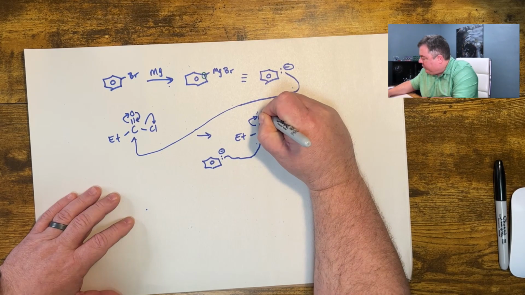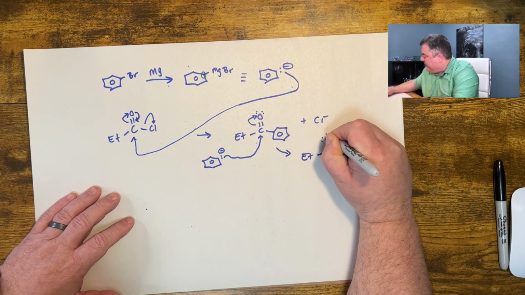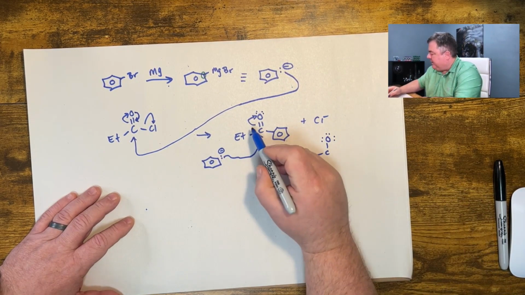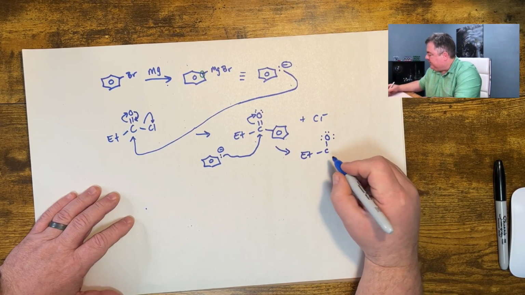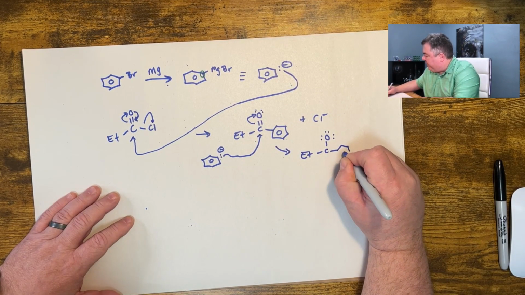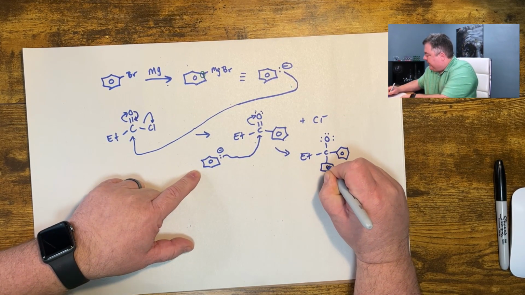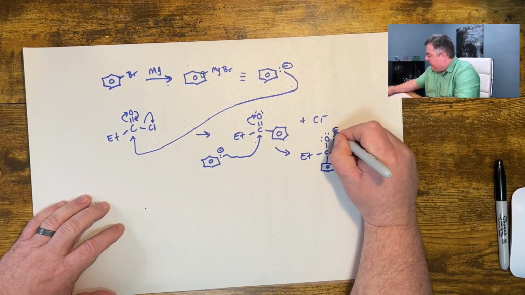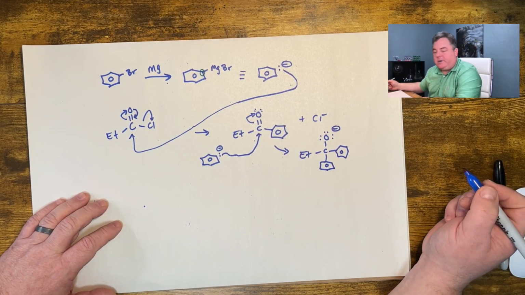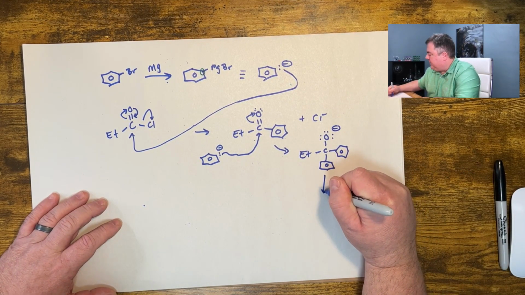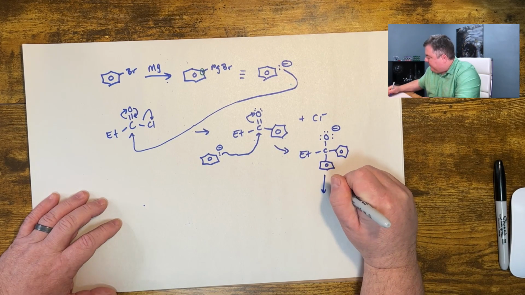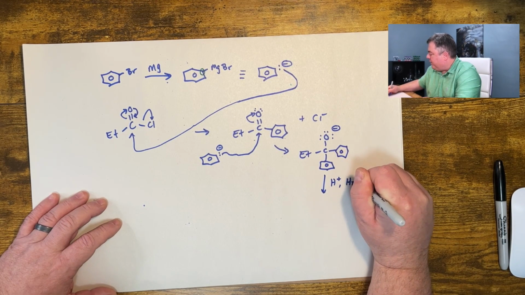So I start with 2 lone pairs on the oxygen. Now there are 3 lone pairs on the oxygen because the pi bond went up onto the oxygen. I have 1 phenyl group, and I have the other phenyl group that just attacked. And that oxygen, of course, has a negative formal charge because it has 3 lone pairs. It stays like that until I quench with acid and water.